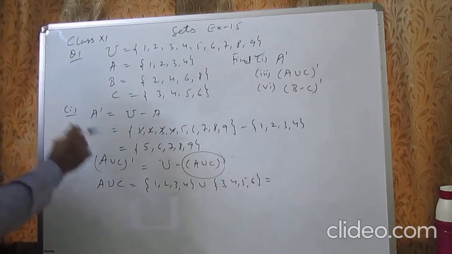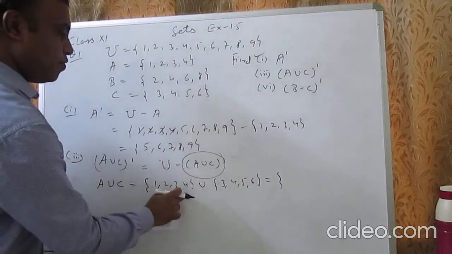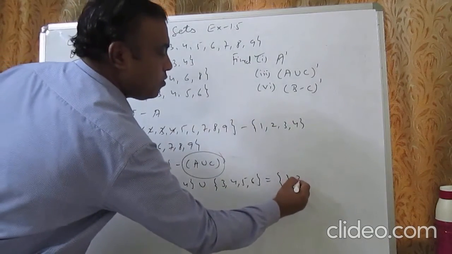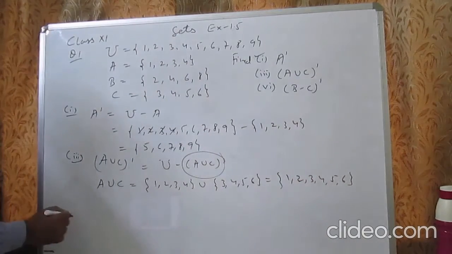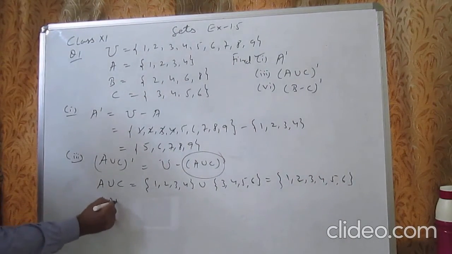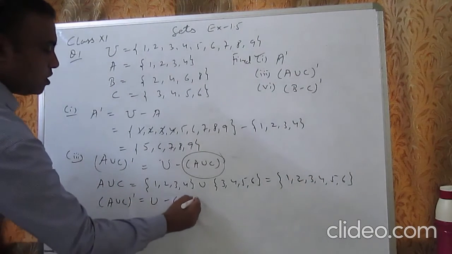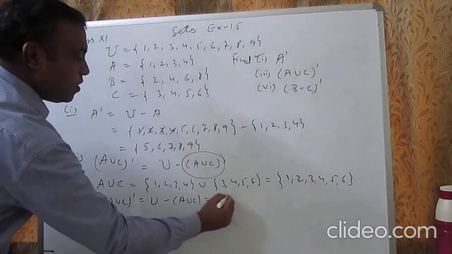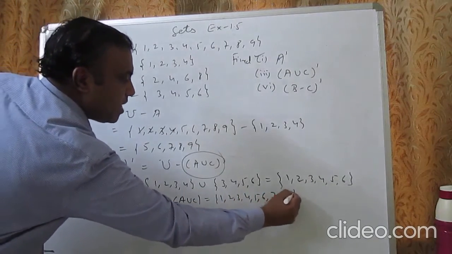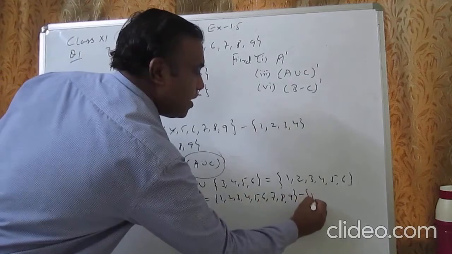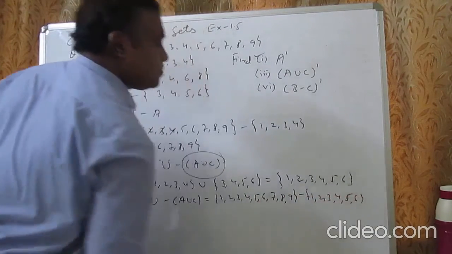All elements which are in A and C: 1 2 3 4 5 6. Now what is A union C complement? It is U minus A union C. U is 1 2 3 4 5 6 7 8 9 minus 1 2 3 4 5 6.